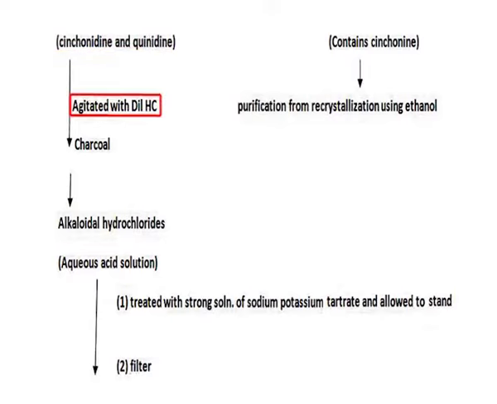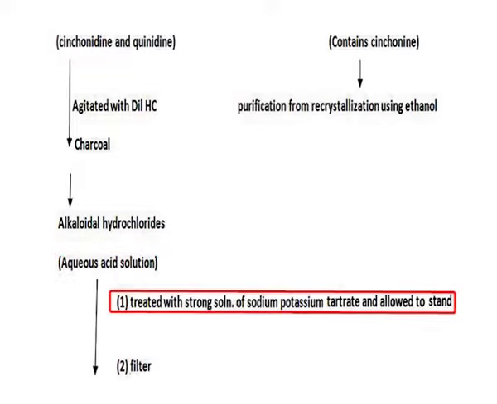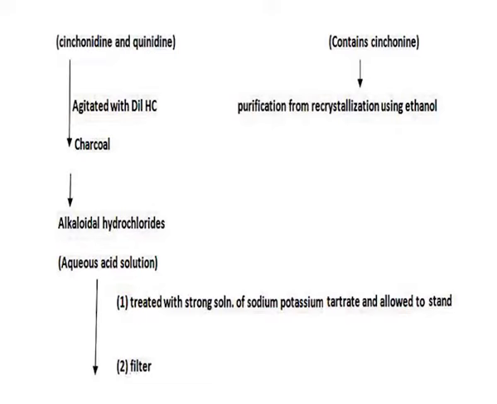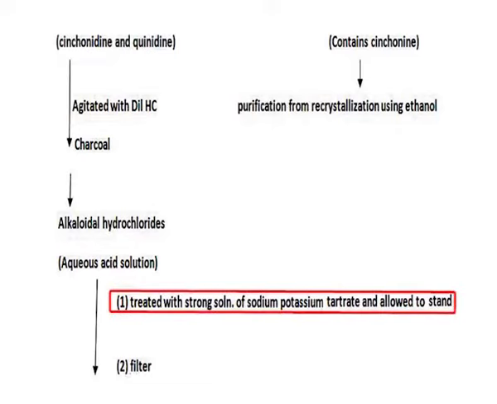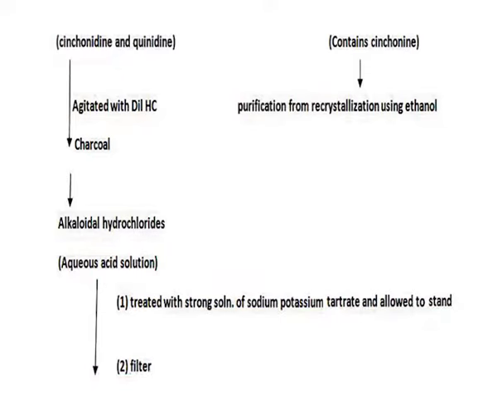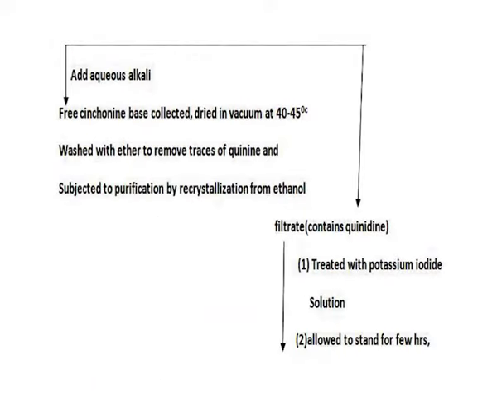They are agitated with dilute hydrochloric acid and thus the alkaloidal hydrochlorides go into the aqueous acid solution. This aqueous acid solution is treated with a strong solution of sodium potassium tartrate, allowed to stand and then filtered. Then add aqueous alkali.